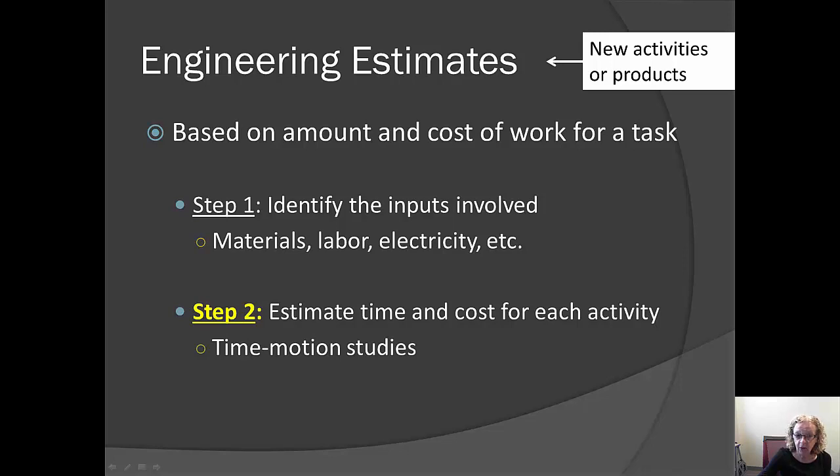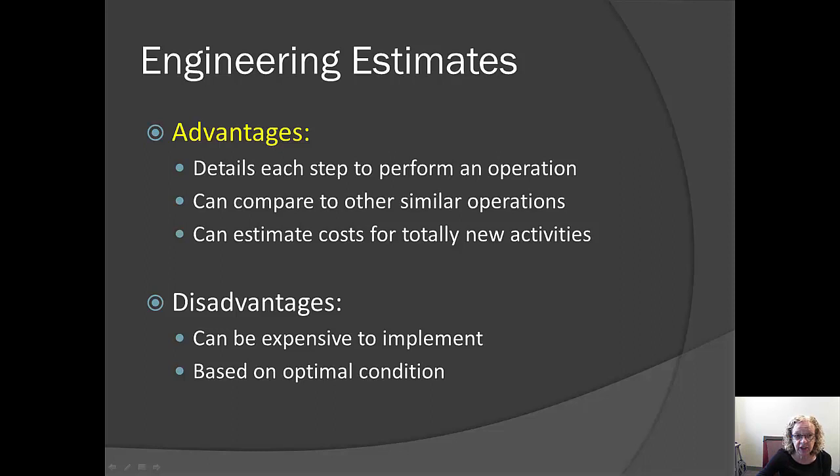We could rely on time motion studies so that we could observe people doing the kinds of tasks that are involved and then estimate how much cost we would incur for that time. So, is this a good way to understand how much it costs us to do something? Well, it has its advantages and its disadvantages.